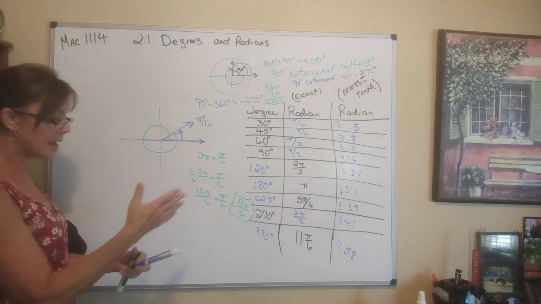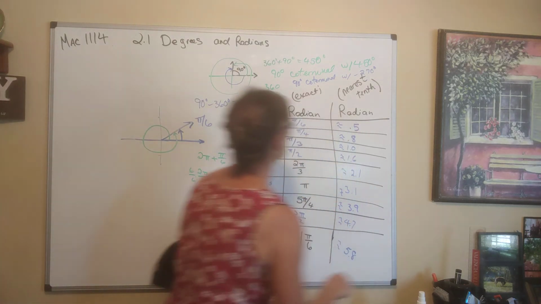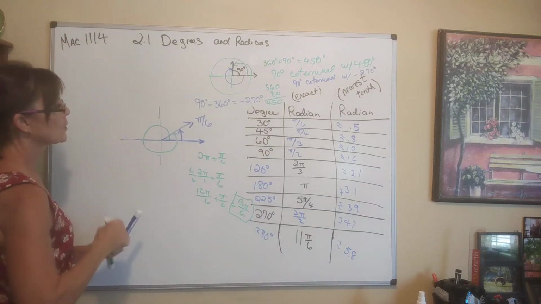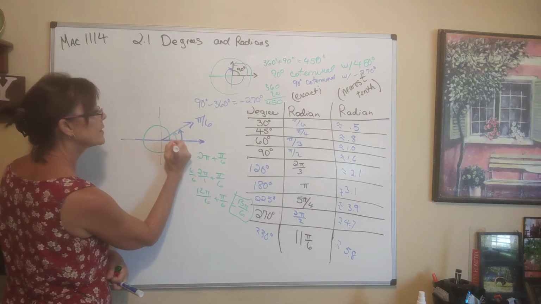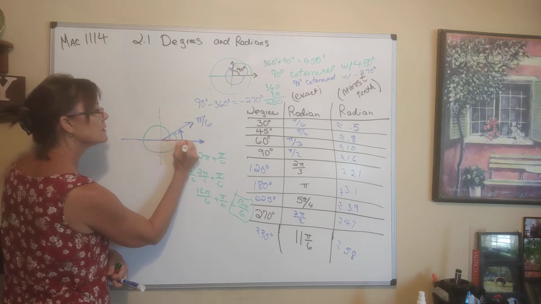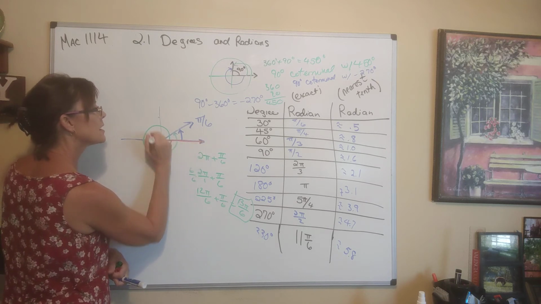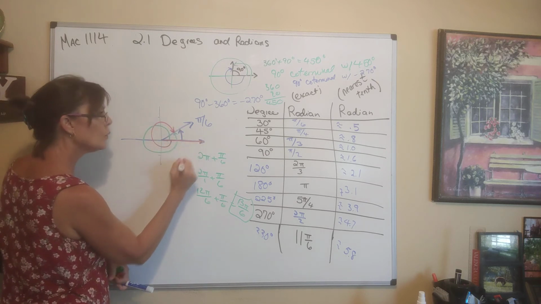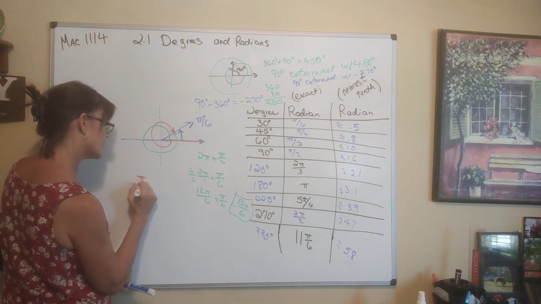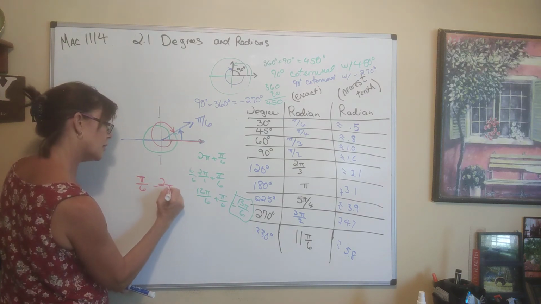What if we want a negative coterminal angle? We could go the opposite direction, clockwise. Here's the initial side, and here's the terminal side. We could take pi over 6 minus 2 pi.